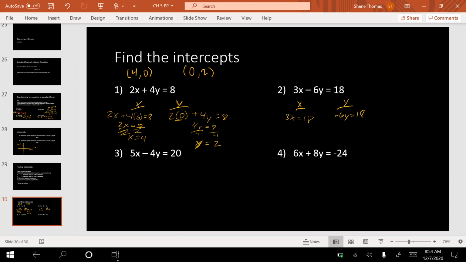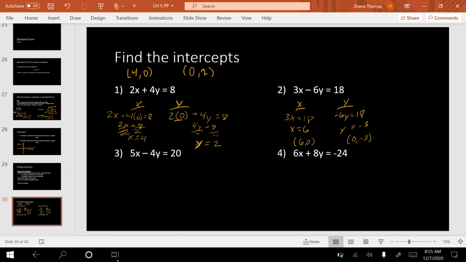So we simplify that. What's 18 divided by 3? X is 6. Over here, what's 18 divided by negative 6? Negative 3. So this point here is going to be (6, 0). This point here is going to be (0, -3). That makes sense?